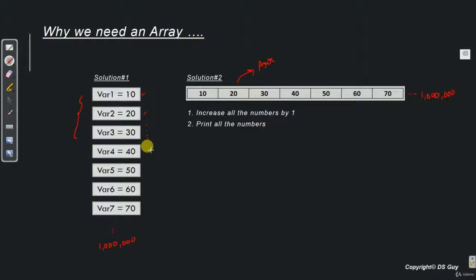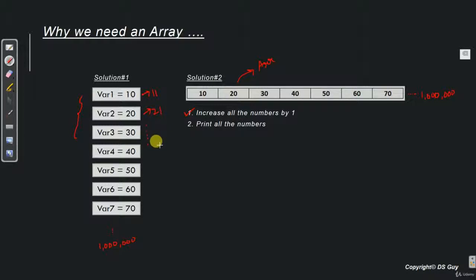But the problem arises when we are given a small task of, let's say, increasing all these numbers by 1. That is, increasing 10 to 11, 20 to 21 and so on. The task is extremely simple, but the problem is that we have 1 million variables and we have to access all of them one by one and update the content of each.